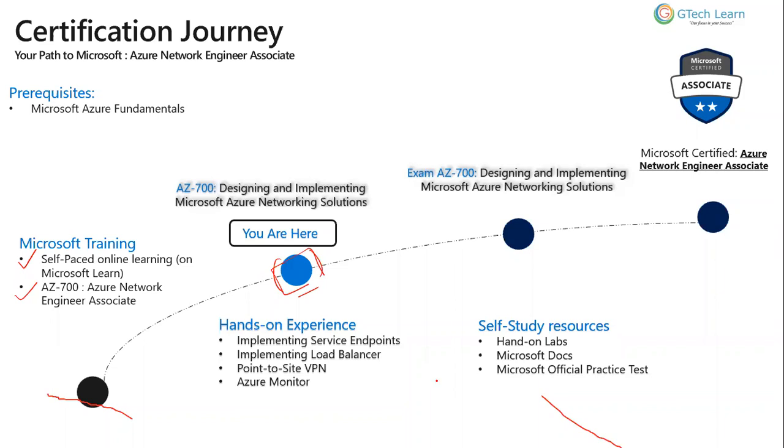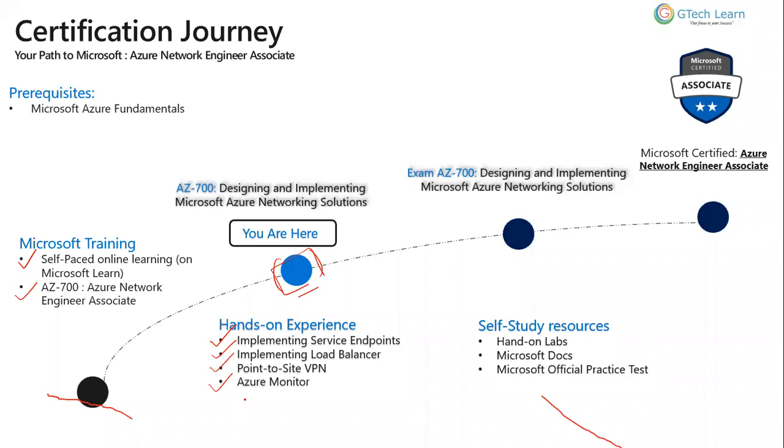After completing the training, you will have good hands-on experience implementing service endpoints, implementing a load balancer, point-to-site VPN, Azure Monitor configurations, or even virtual NAT. Those are all things you can do very easily after completing the training, and you will be prepared for the examination.